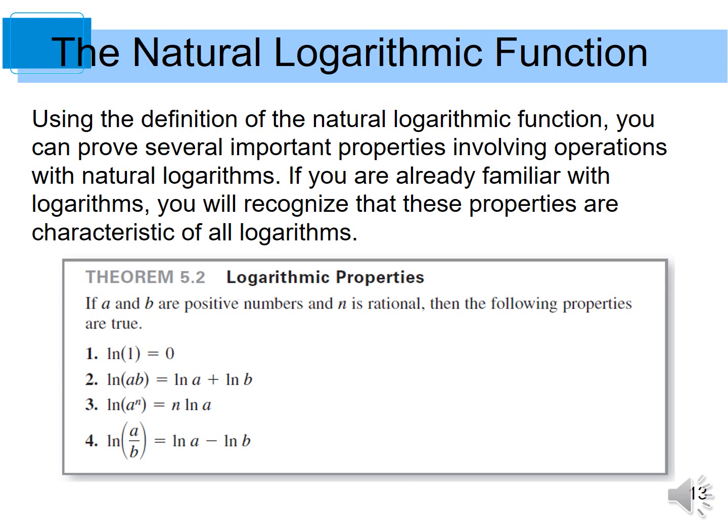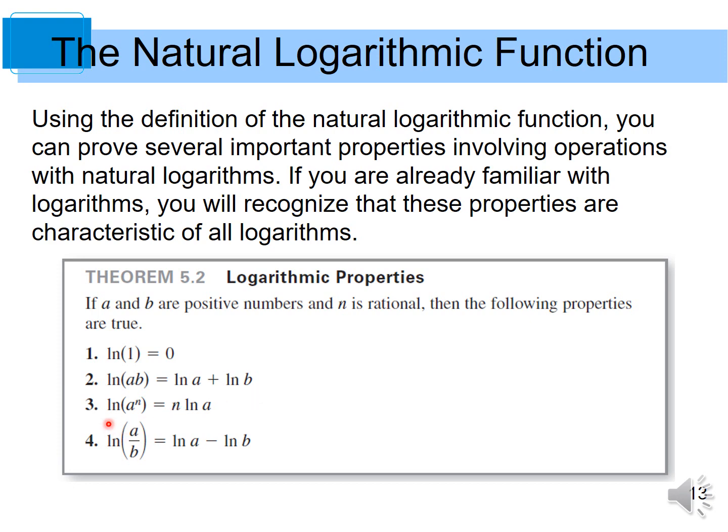Look at the properties of logarithmic function. If a and b are positive numbers and n is rational, so for the first one, natural log of 1 equal to 0. This one we have proven. And natural log of a multiply b can be written as natural log of a plus natural log of b.